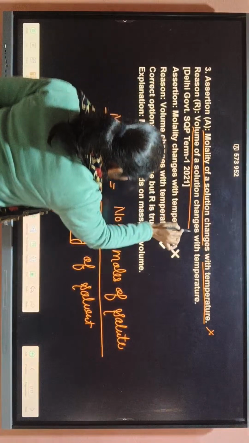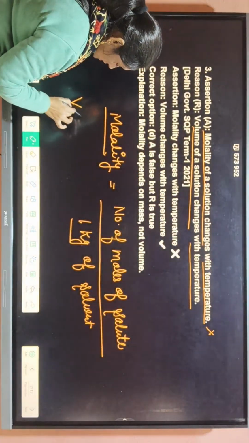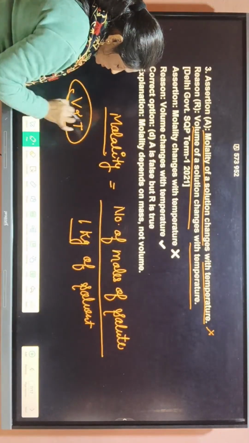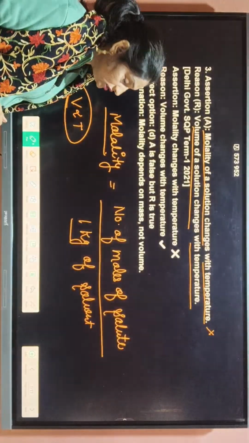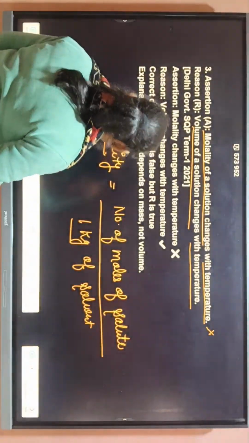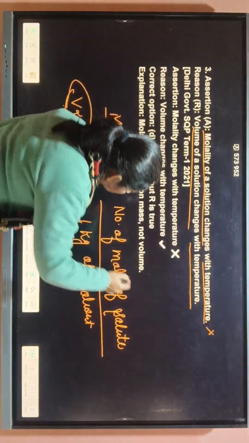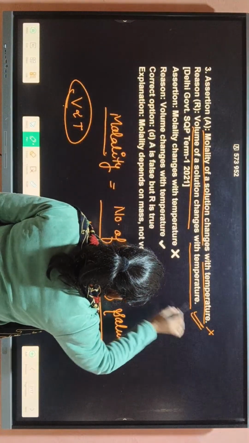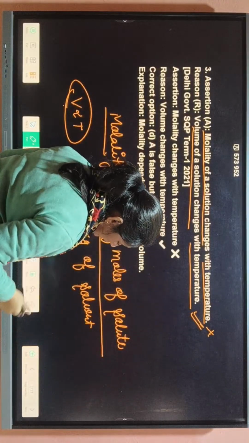Volume of a solution changes with temperature. Yes, already I have told in question number 2, volume and temperature are directly proportional to one another. If you increase the temperature, then volume also increases. So volume also changes with temperature. This one is right. So student, here assertion is false, but reason is correct.